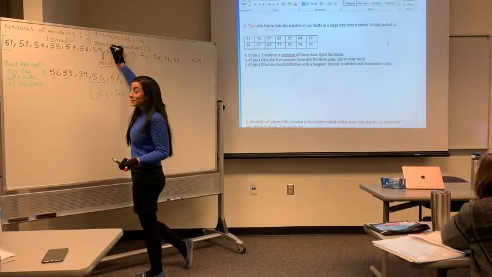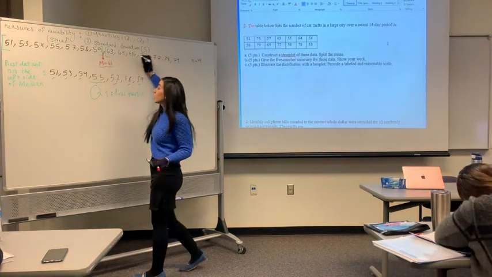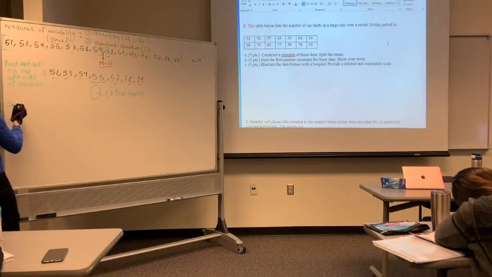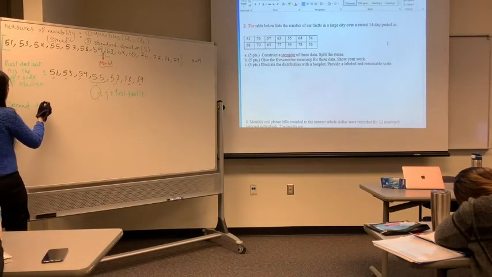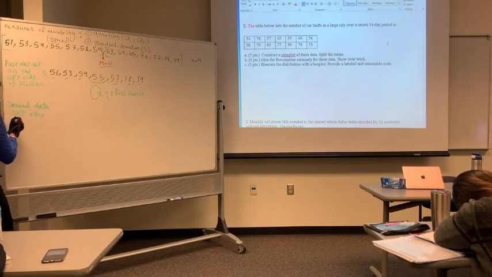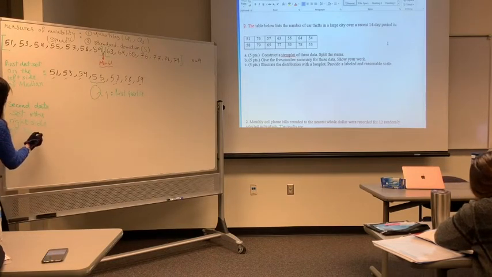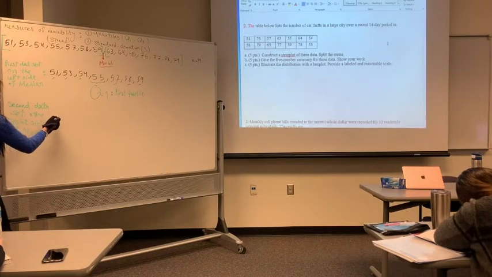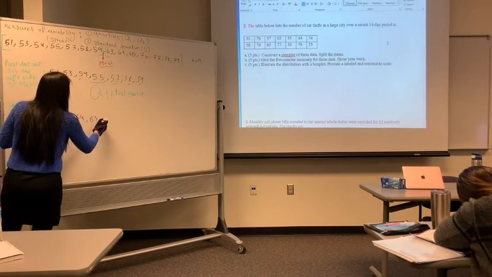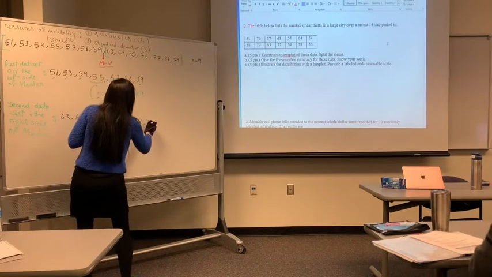Now, the second data set is from the observation after median up to the maximum, on the right side of median. So 63, 64, 65, 76, 77, 78, 79.